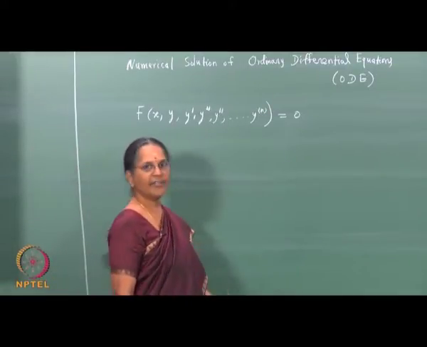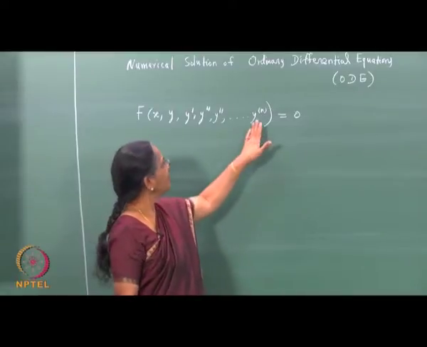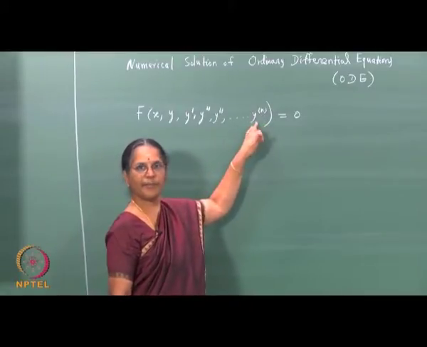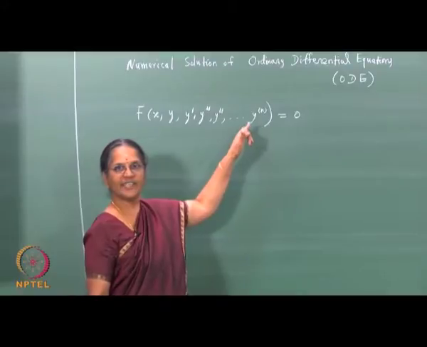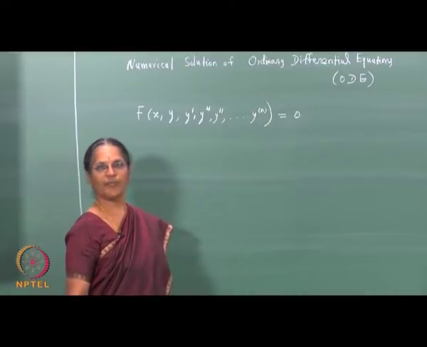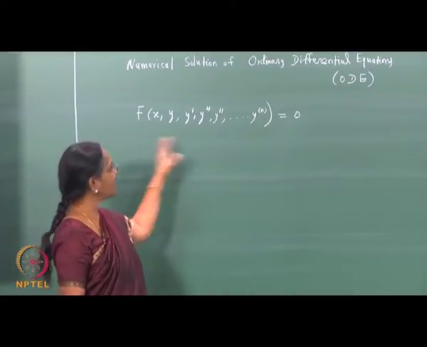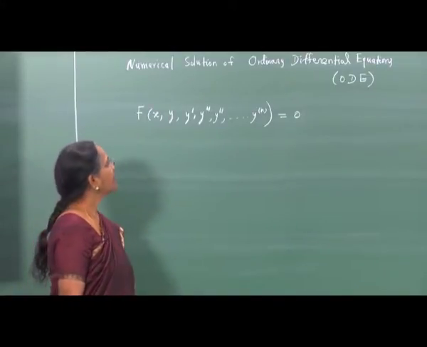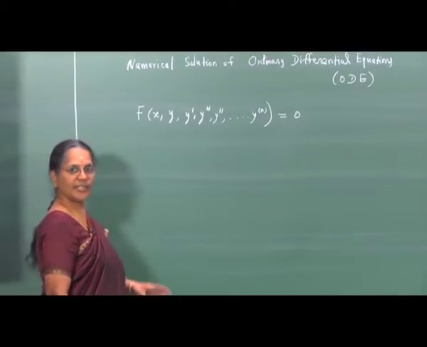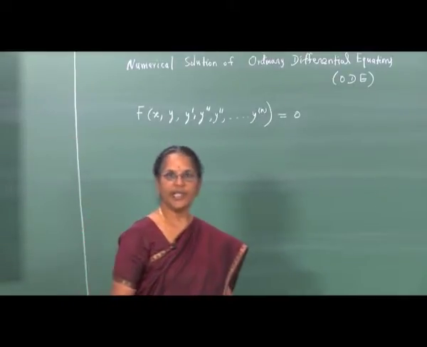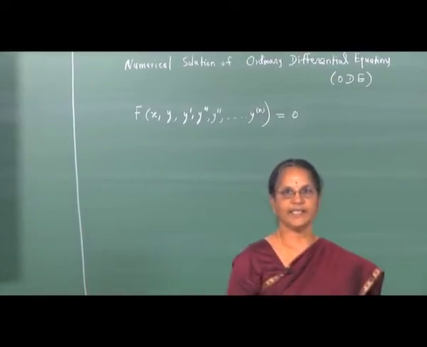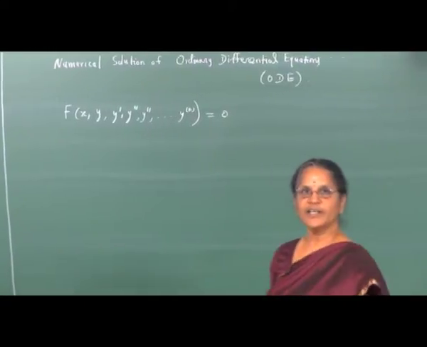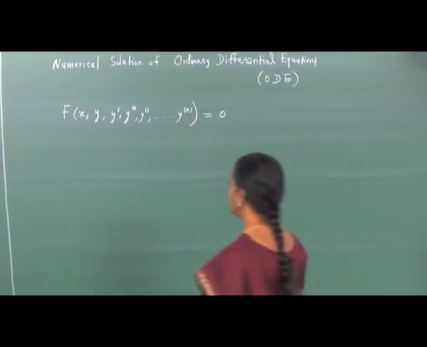Why is it an nth order differential equation? The highest order derivative that appears in this relation is the nth order derivative of y with respect to x, and so we say that it is an nth order differential equation. So, in this course our focus would be to learn numerical methods for solving first order differential equations.